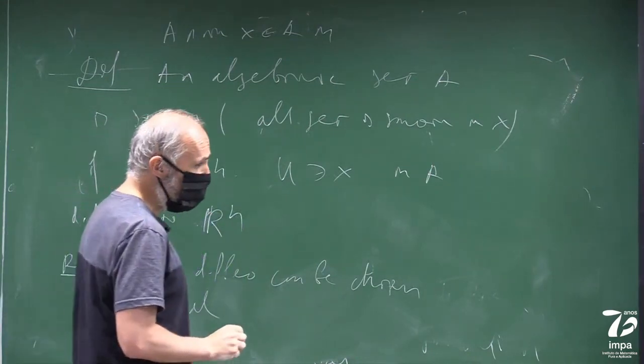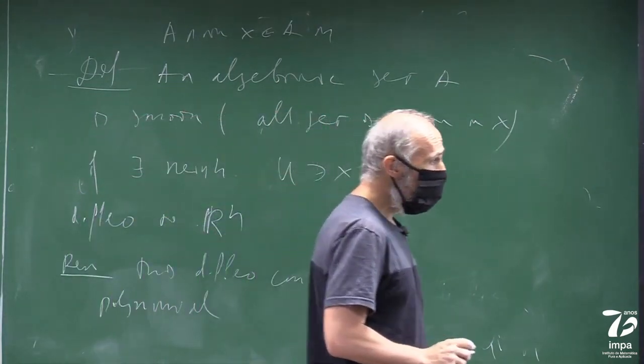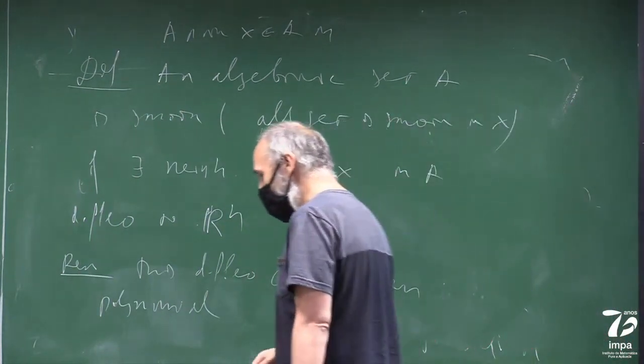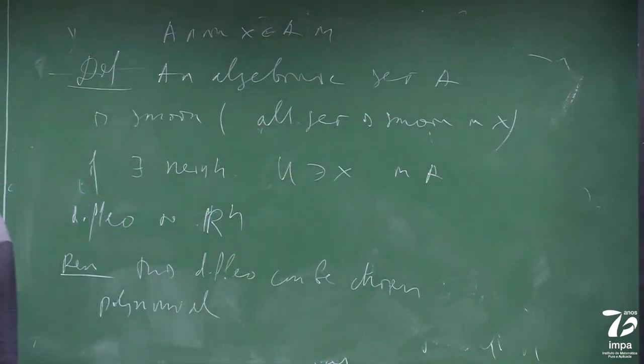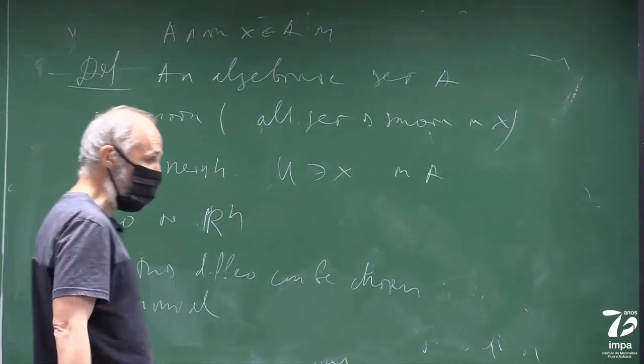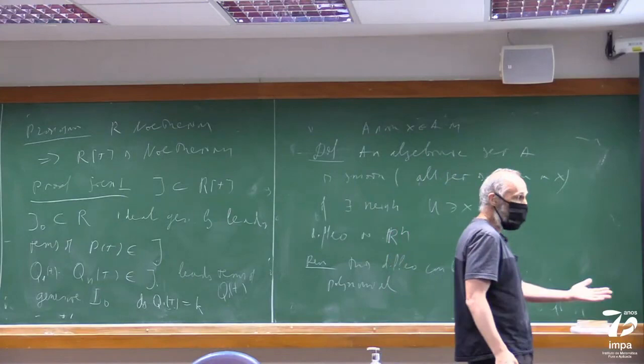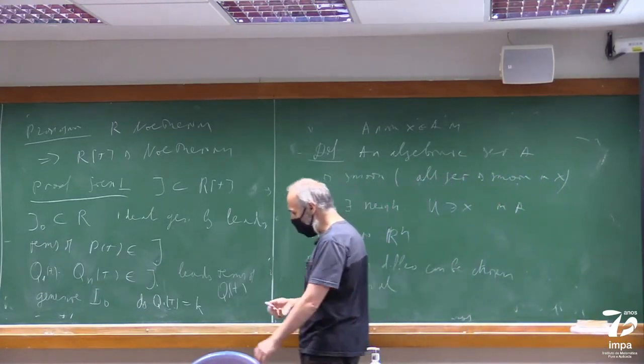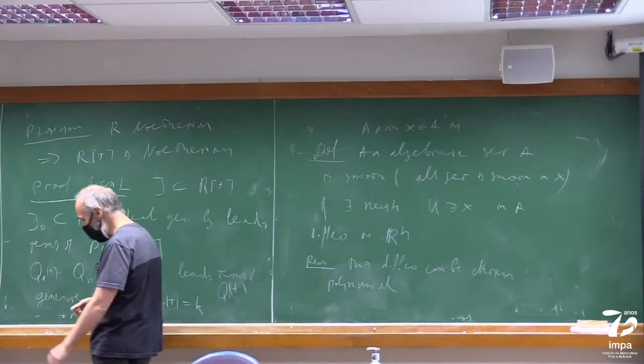Well, this is done by application of the inverse function theorem. If you have a smooth point of a k-dimensional manifold, to build a diffeomorphism you need to find a map which is an isomorphism on differentials. So you can just take coordinate functions or any other set of functions which give you this isomorphism.